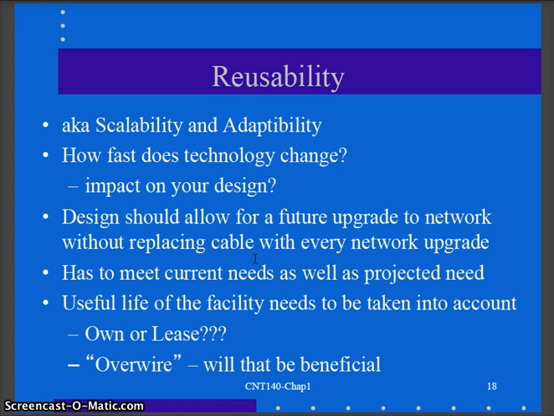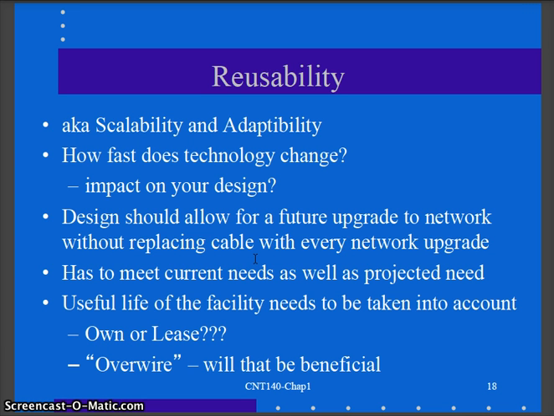Another term they introduced to us is reusability, the scalability or adaptability of our network. Technologies are going to change. If you think back in time, we used to have 10 megabit, then 100 megabit, then a gigabit, and it won't be too long down the road till we start thinking about 10 gig to the desktop.